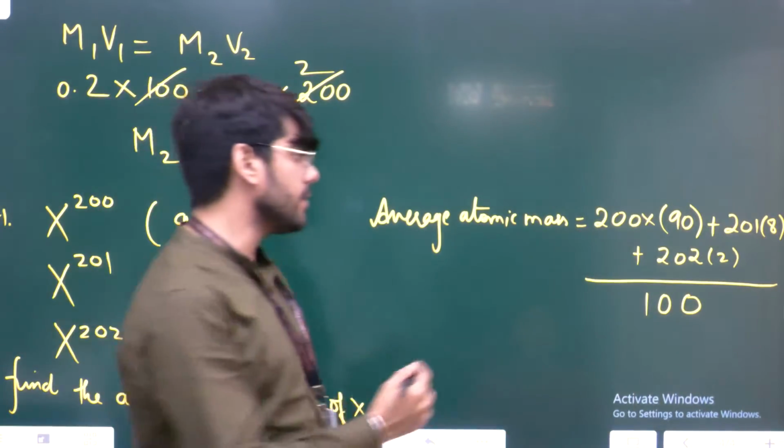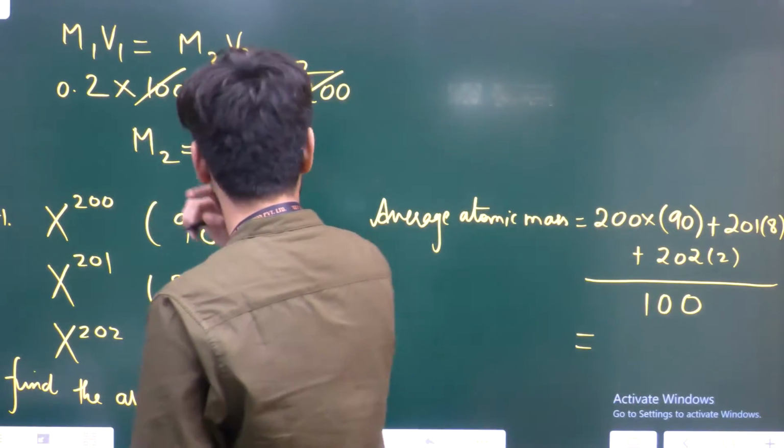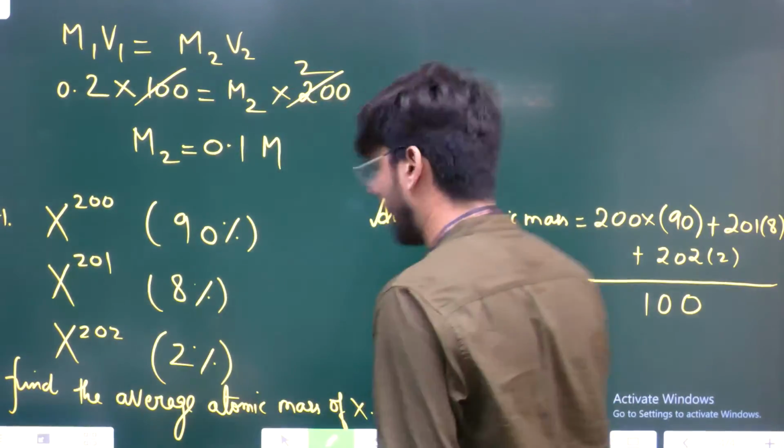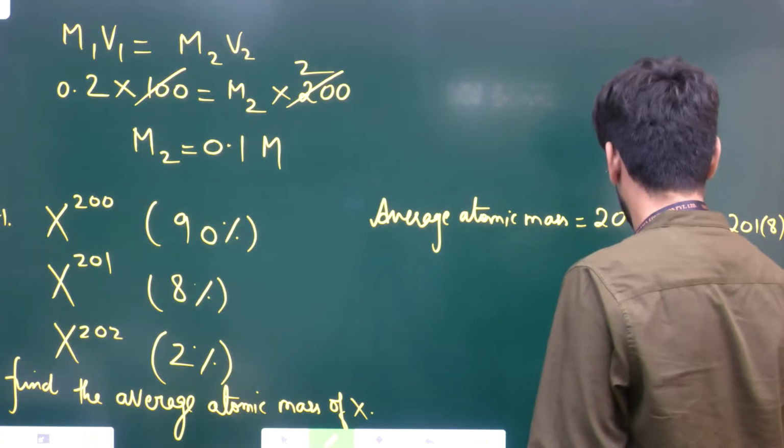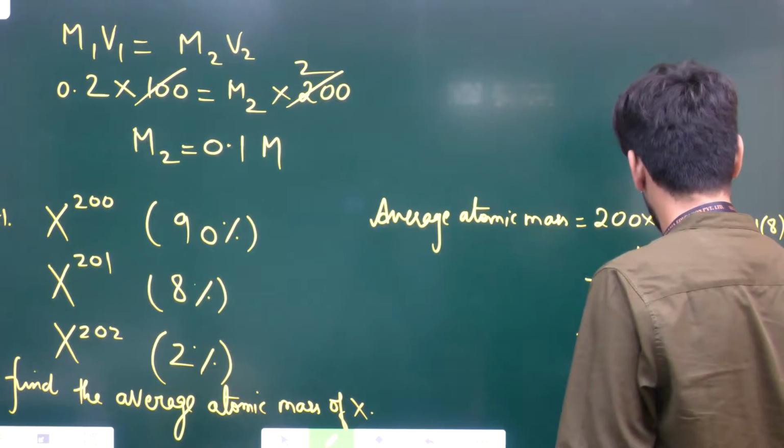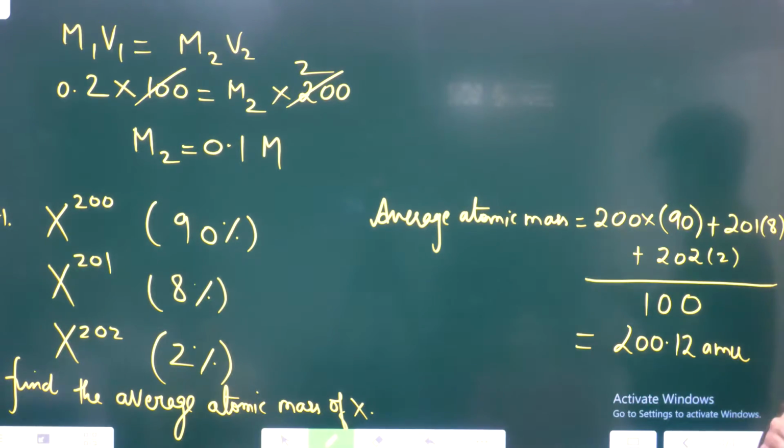The answer will be in amu. Tell me what is it? 200.1. Clear? Yes. Clear?